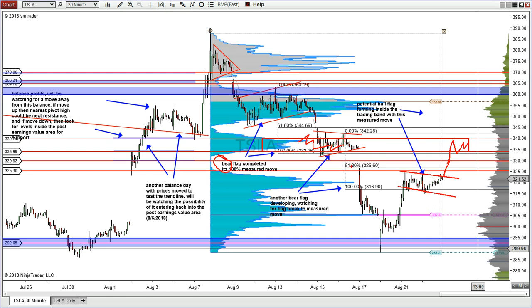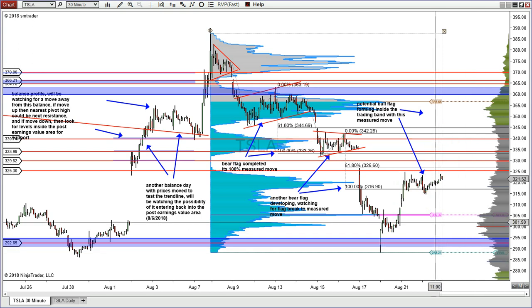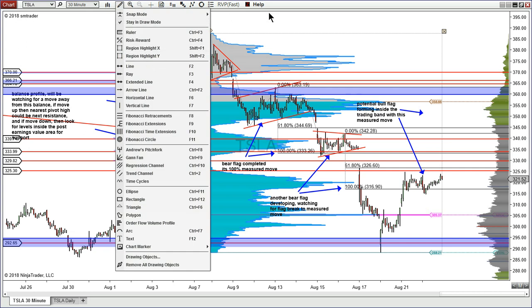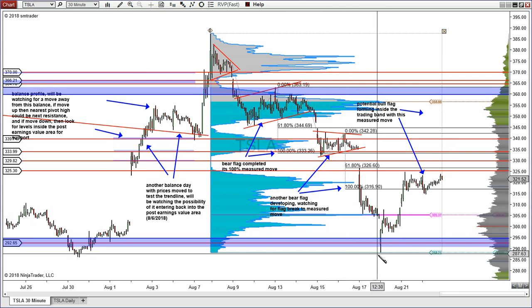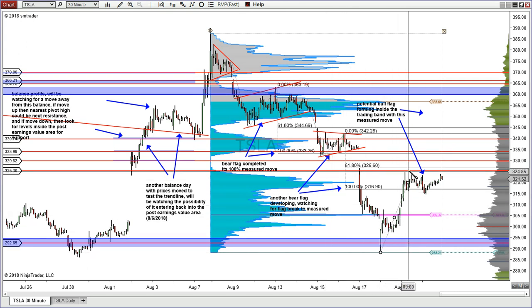Okay, and you can see that on this flag, I did a major move on this flag here. I guess I took that out. Let me put this back in. The major move that I have, okay.